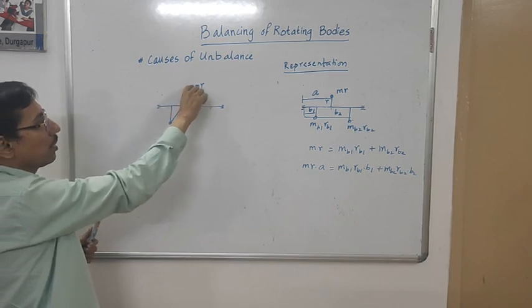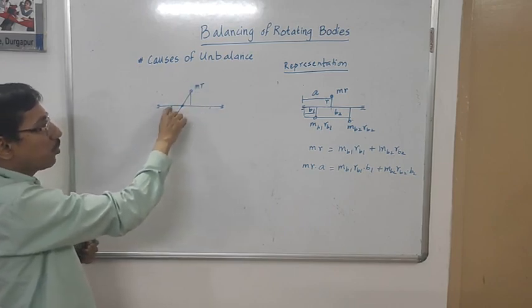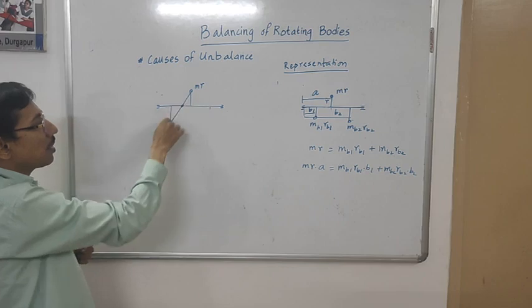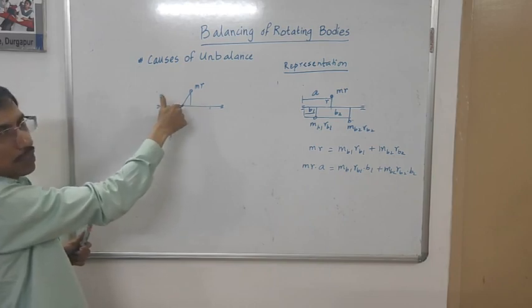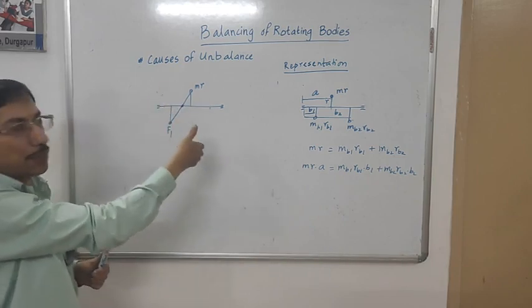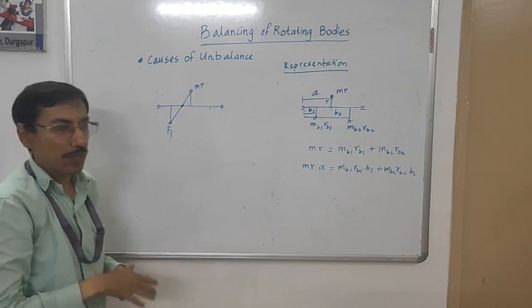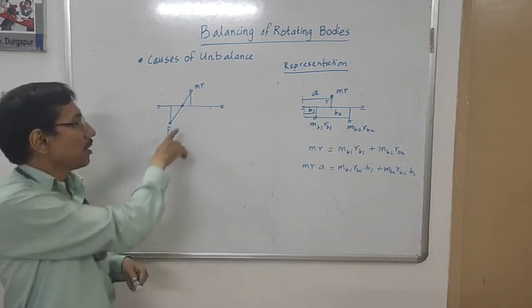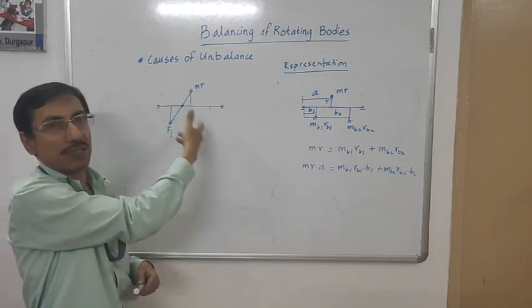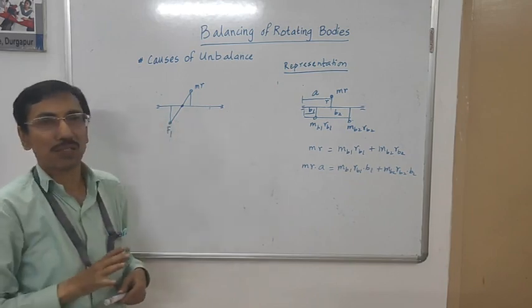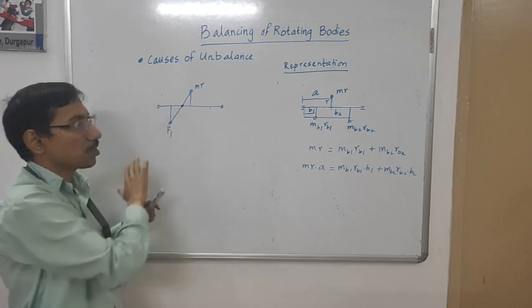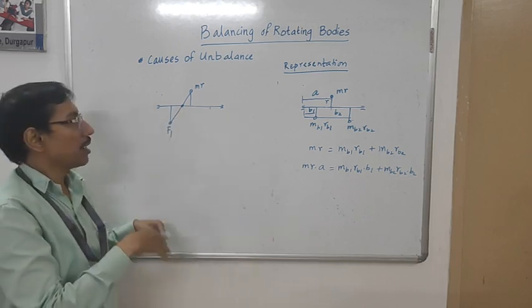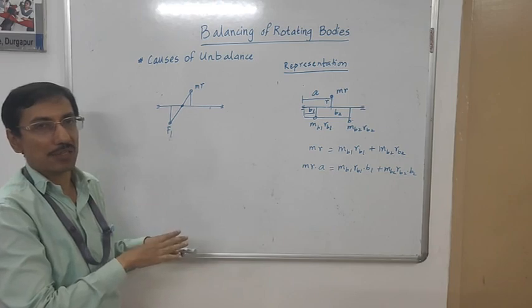So even though this magnitude and this magnitude are equal and their center of gravity lies on this axis of rotation, still when it is rotating, it constitutes a couple. So a couple will be developed during rotation. So in dynamic condition, again it will be unbalanced because of the presence of unbalanced couple. In static condition, the center of gravity lies on the axis of rotation, so it is perfectly balanced. But in dynamic condition, it is unbalanced.